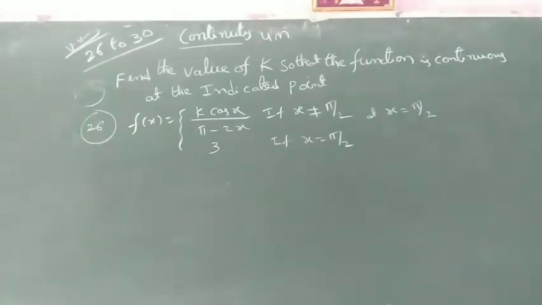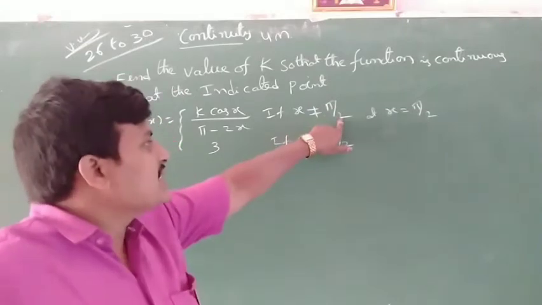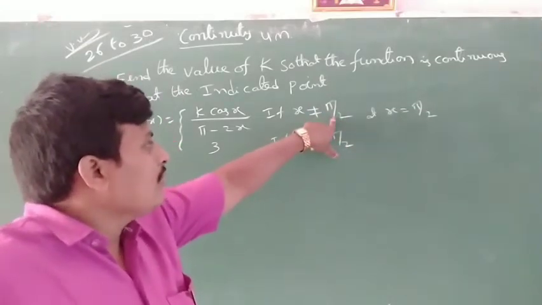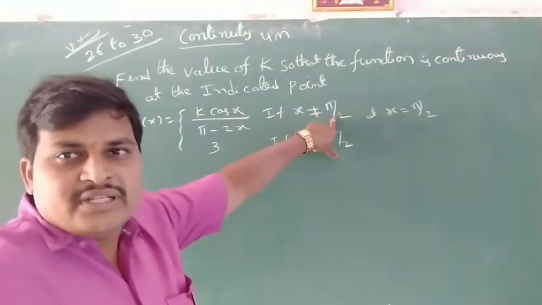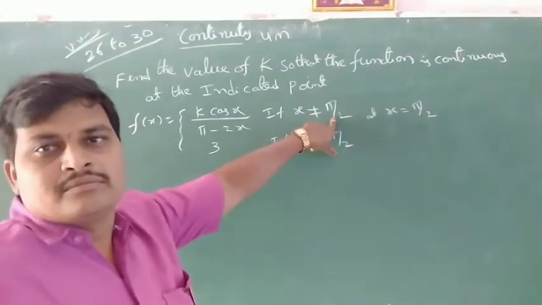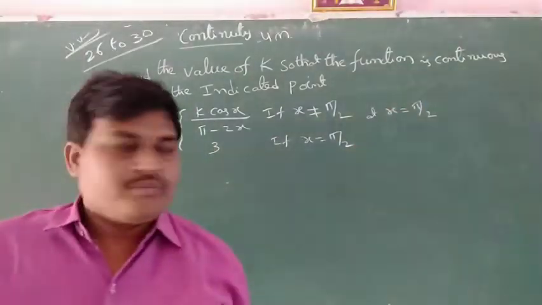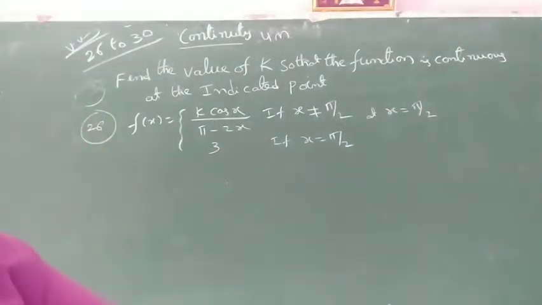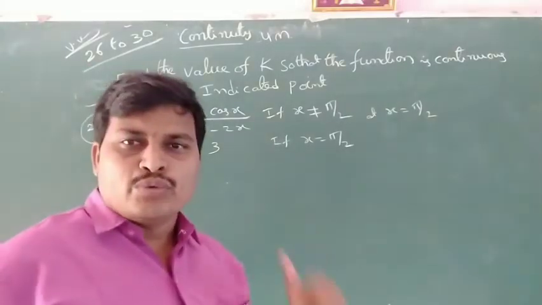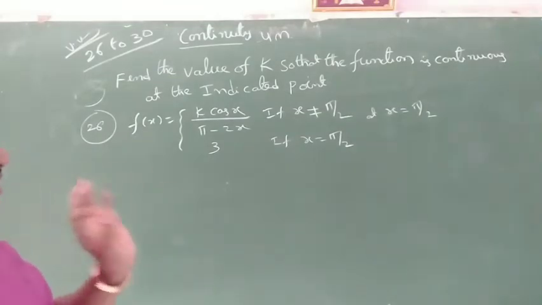First of all, x not equal to pi by 2 means only x is not pi by 2. Remaining values, below pi by 2 and above pi by 2, all values remain excluding only pi by 2.